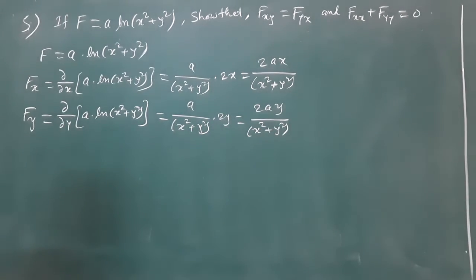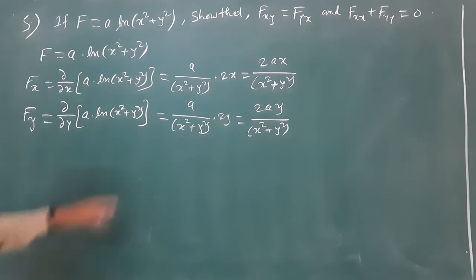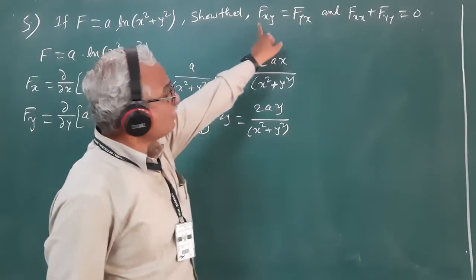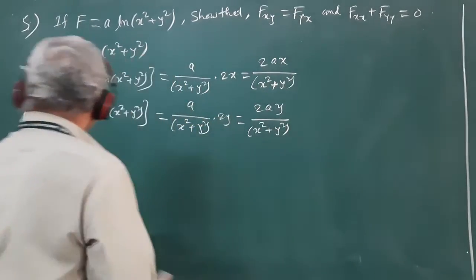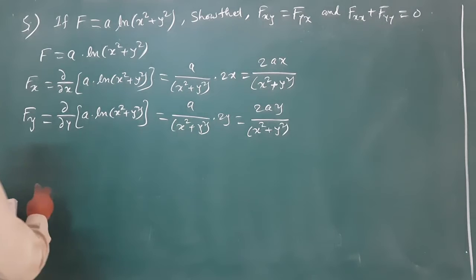Now we can differentiate fx partially with respect to y and differentiate fy partially with respect to x, so that we will get the expressions for fxy and fyx. So let us differentiate fx partially with respect to y.